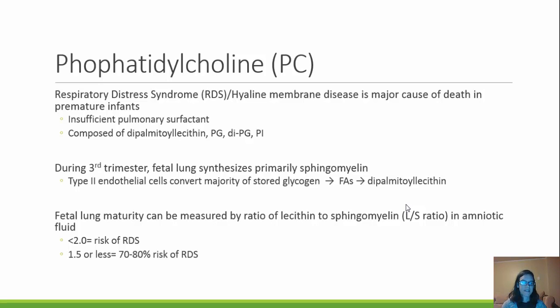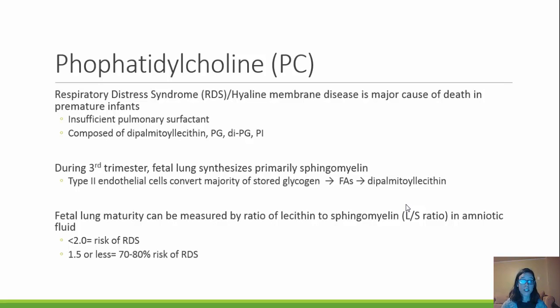The reason premature infants are most likely to have it is because these molecules are typically synthesized during the third trimester of pregnancy, when endothelial cells are converted to this molecule, dipalmitoyl lecithin.